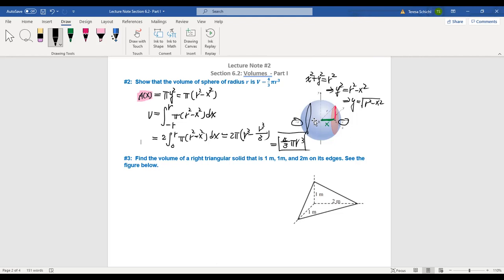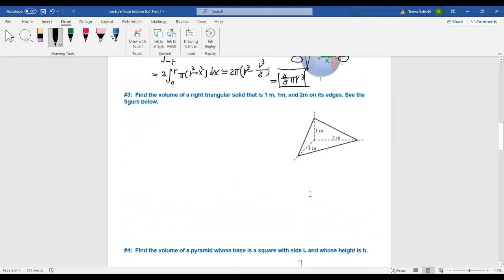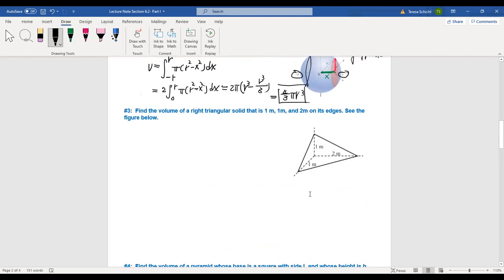We remembered that, and now with calculus, wow, we are able to prove it. That's pretty cool, right? Now let's take a look at number 3, which says find the volume of this right triangle.